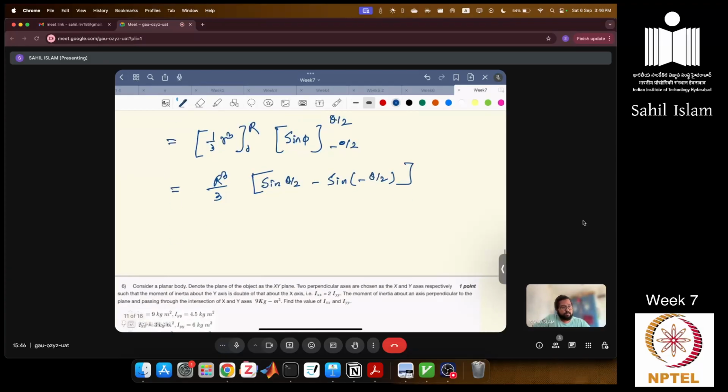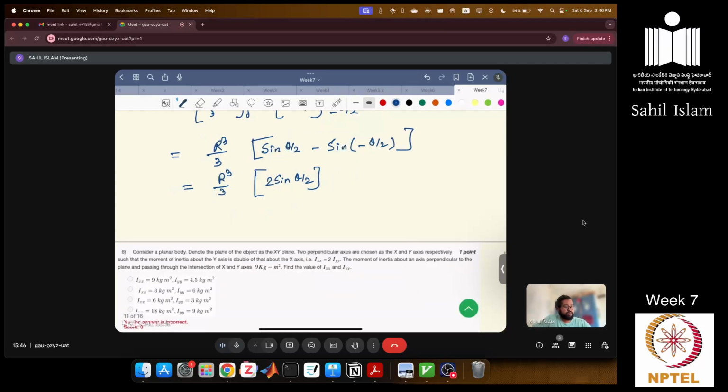We know the sine is an odd function, so we get 2 sine theta by 2. So we get 2/3 r cube sine theta by 2.